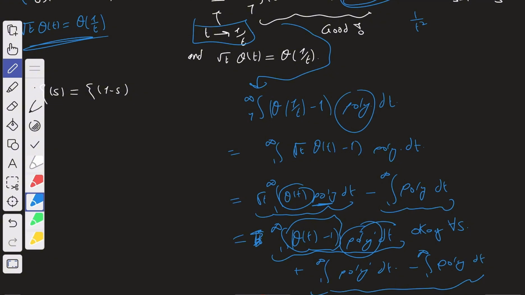What remains to discuss is whether these integrals are okay, and if they are, where they are okay.